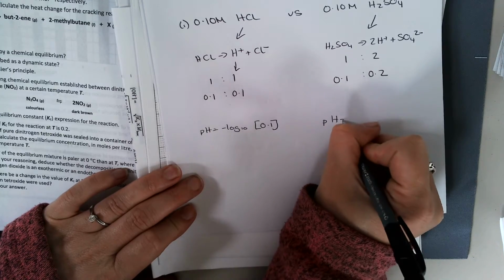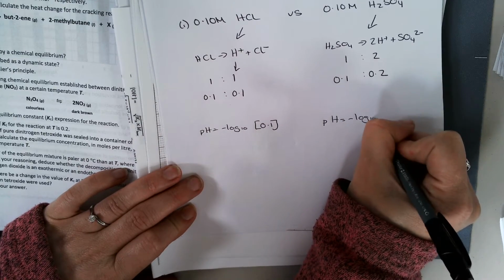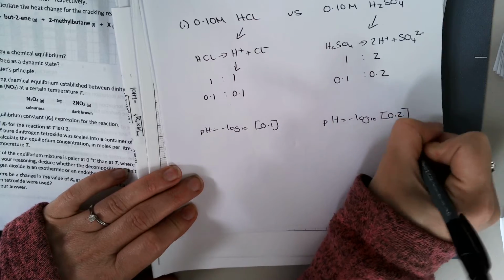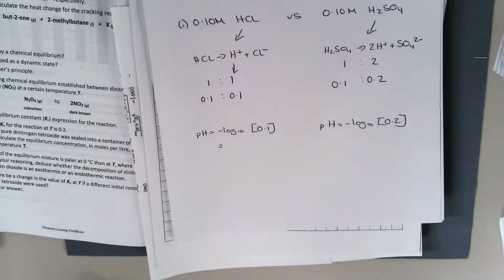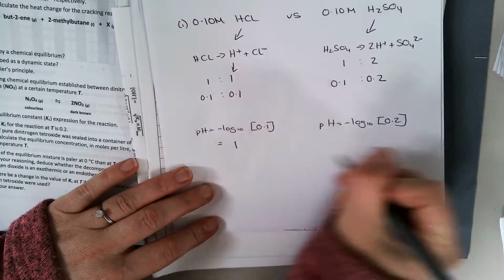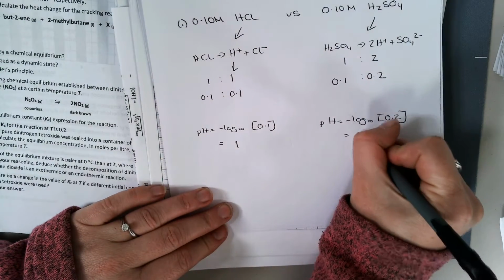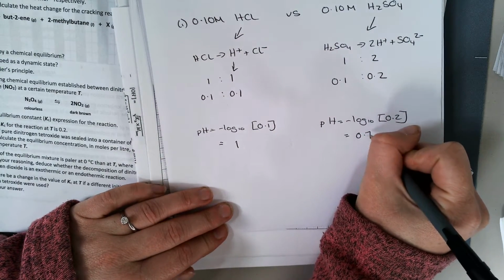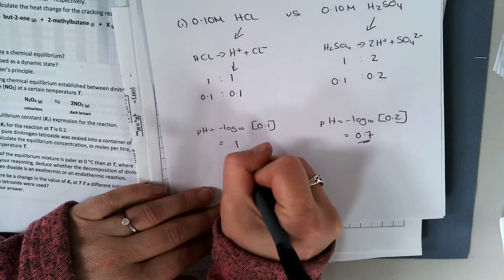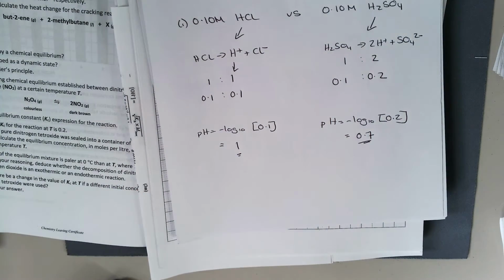My pH here is minus log to the base 10 of 0.2. That's going to give me a pH here of 1 and a pH here of 0.698, so 0.7. So that's accounting for the differences there.